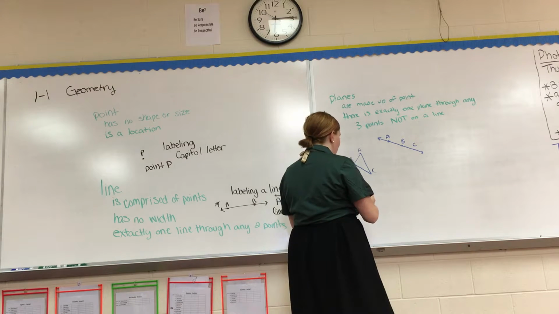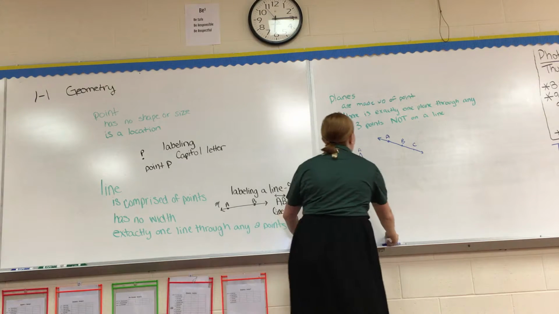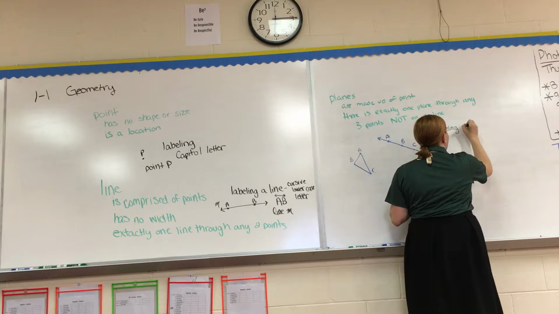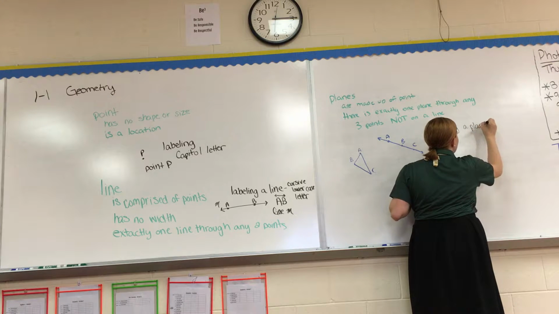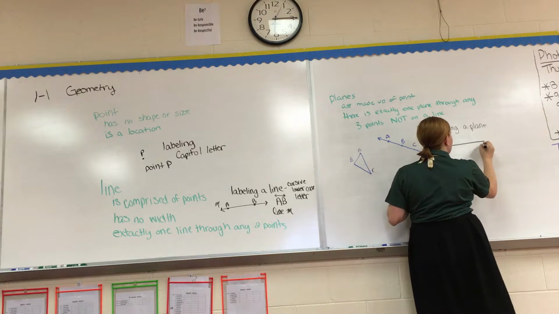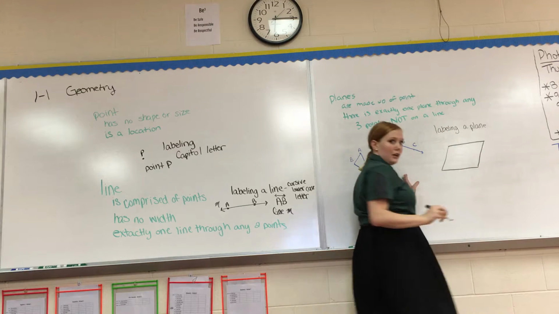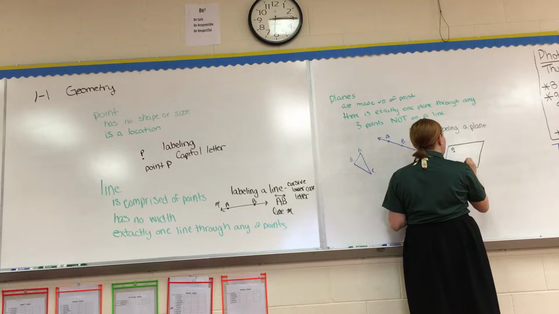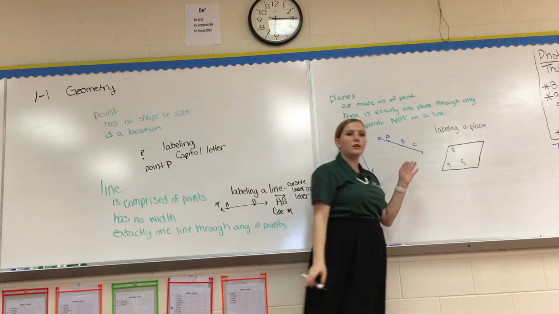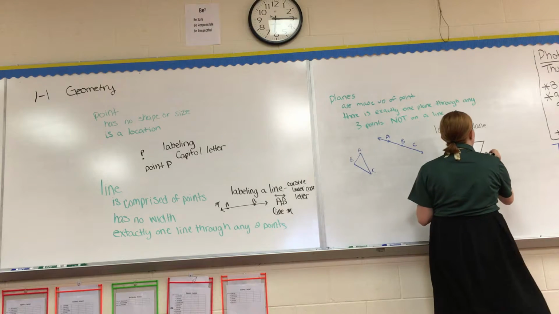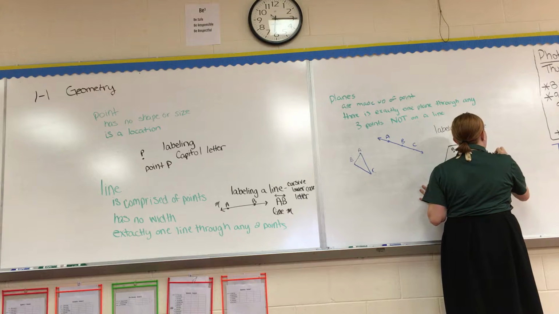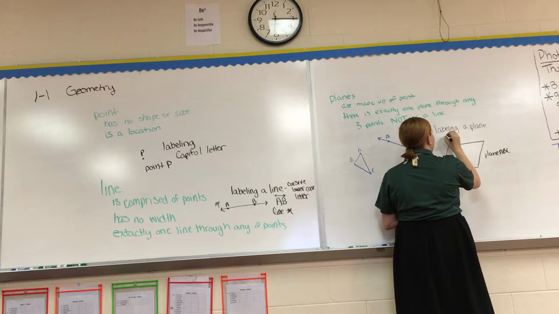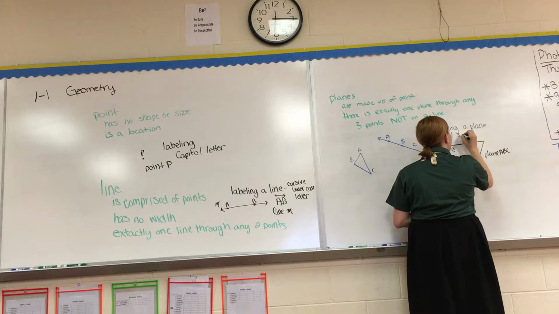Also with a plane, now we need to go through labeling, just like we did with the others. So how do we label a plane? Imagine I have a plane here. We're going to just do a parallelogram. It contains 3 points: point A, point B, point C. We can label it as plane ABC, with 3 points in the plane.